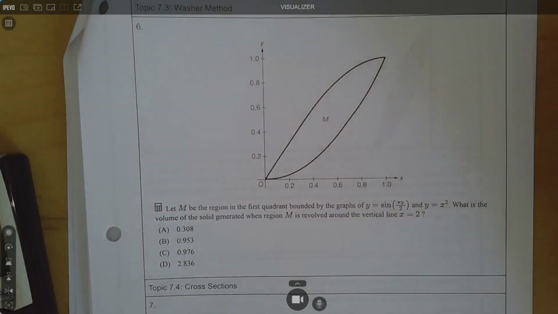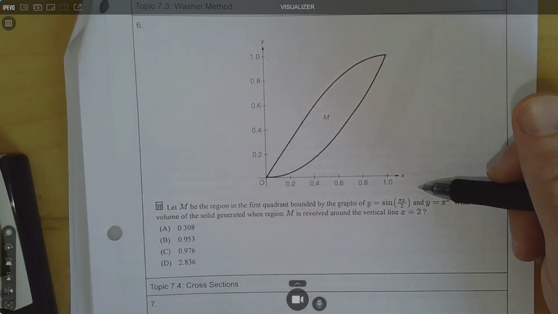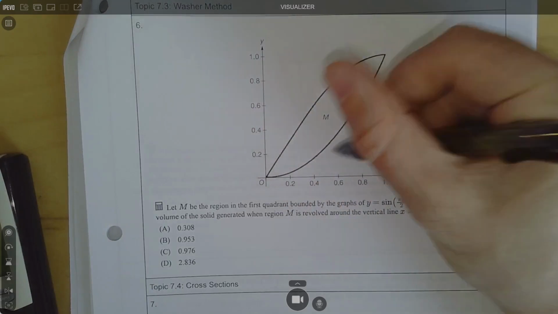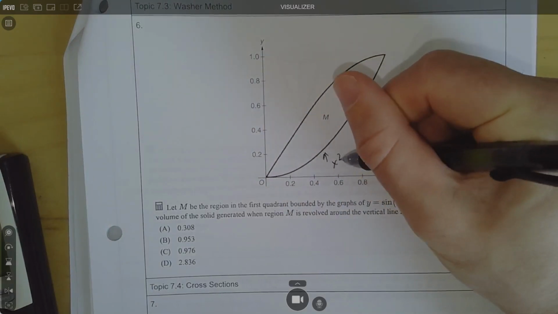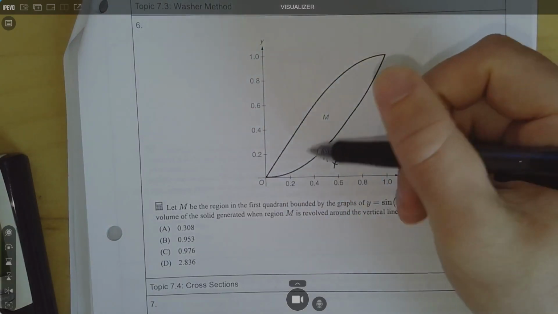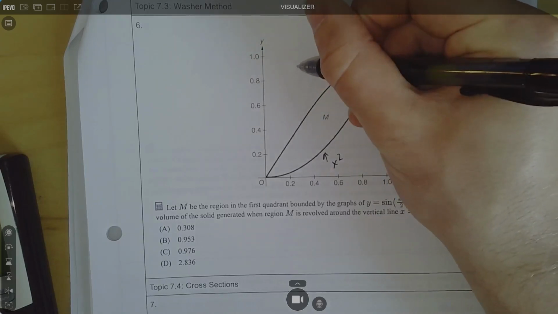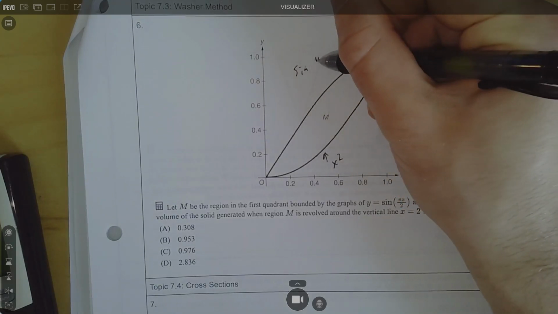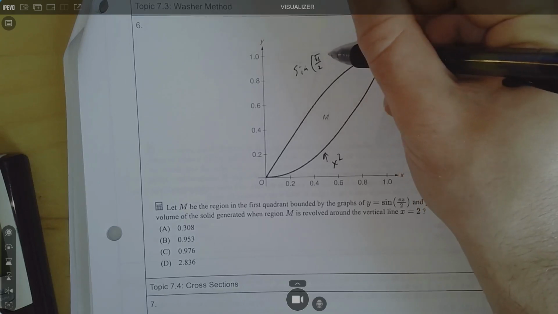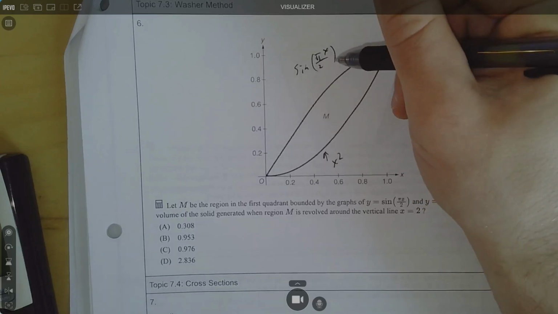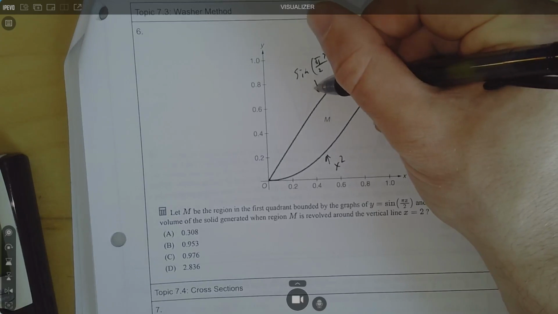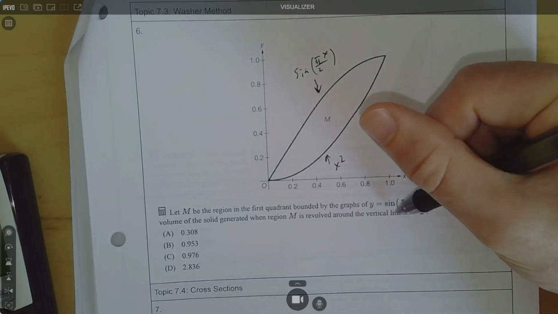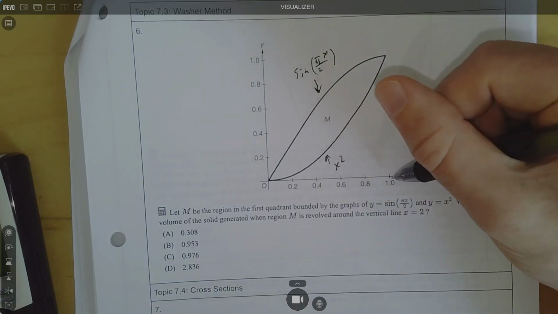So you want to kind of label things first, and I can put this in the calculator, but I know that this is x squared. Like this for sure is x squared. I know because I know what x squared looks like. If you were not sure, you could put in the calculator and you'd see that that's true. And then this is sine pi over 2, sorry, pi x over 2. And then the vertical line x equals 2.